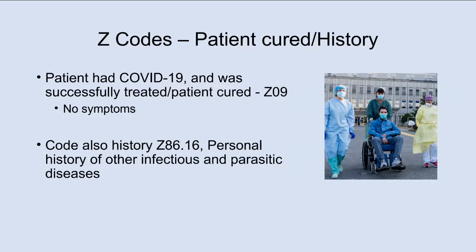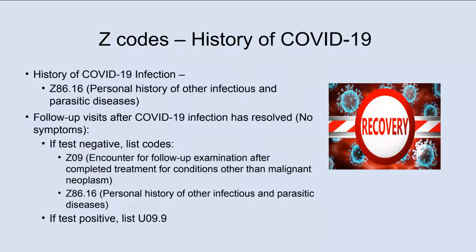Okay, so in the good circumstance where the patient is considered cured, no signs or symptoms, use Z09. You can also report with that a personal history of infectious and parasitic diseases, Z86.16. So let's look a little more closely at Z86.16.